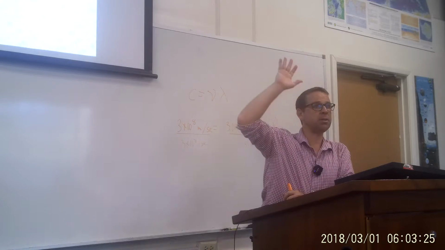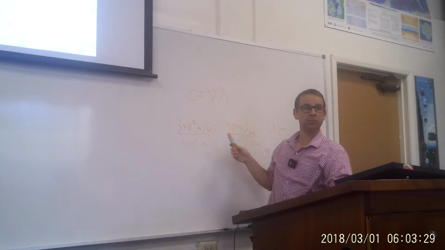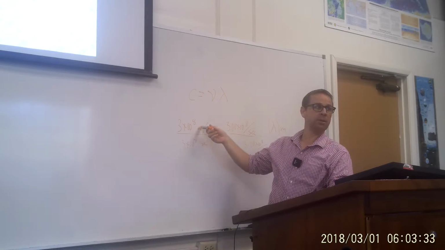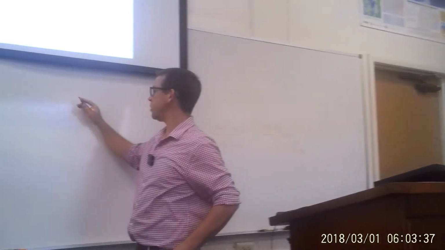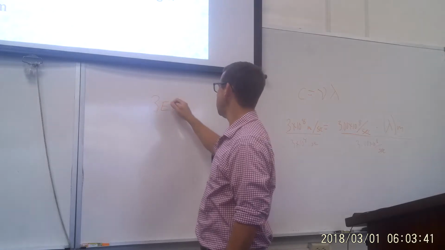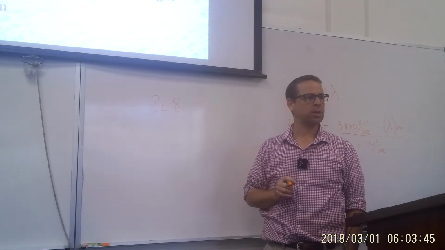Anybody want to talk about it? Did you just put it into your calculator? Okay. You having trouble getting that value out? Do you know how to write 3 times 10 to the 8th? Does everybody know how to write 3 times 10 to the 8th in their calculator? There's a variety of ways that people like to do it, but when you're done, it should really say 3E8, like that. Can you make it look like that?